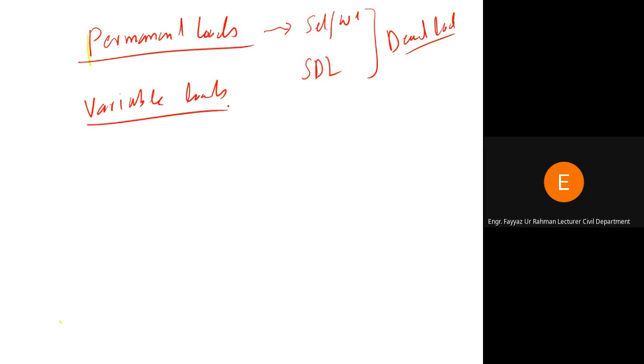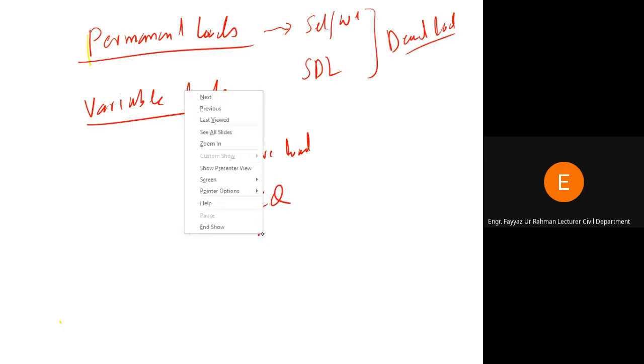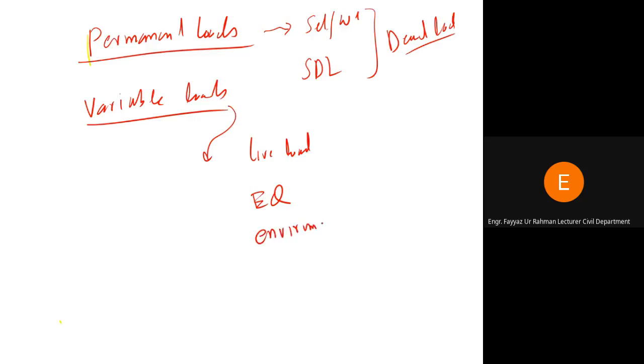And variable loads may be live load, earthquake loads, or environmental loads. Environmental loads may be snow load or wind load. Okay.